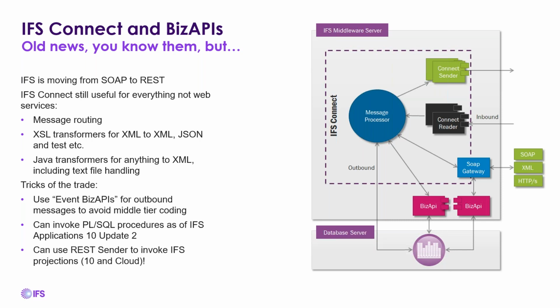In IFS Cloud, a lot of these SOAP BizAPIs that we have up to Applications 10 are going to be replaced with premium class integration REST APIs instead. We can still integrate with IFS using SOAP, but it needs to go through IFS Connect, to be transformed into something that these REST APIs understand.